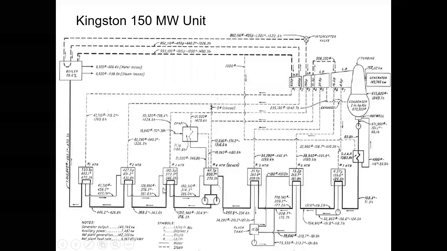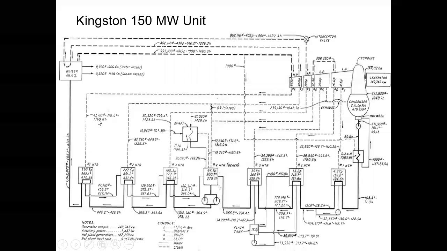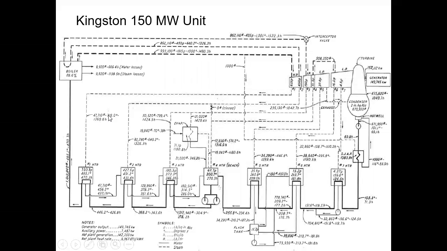Yeah, right here. Okay, so over here, the number one heater, we've got 47,710 pounds an hour at about 719 degrees coming into this thing. This line on the bottom is the condensate coming out. This heater is operating at a lower pressure.